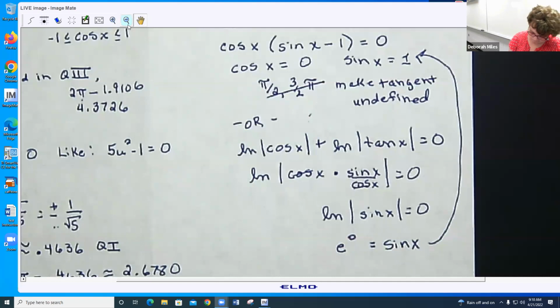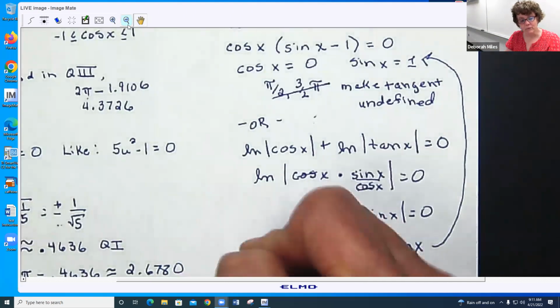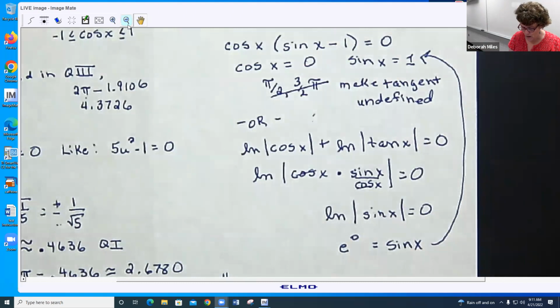Trying to think of, yeah, I think I better do 4 and 5. And then if we run out of time, because I know this is, I think, one of the hardest things we've done this semester. And if you disagree with me, yay, that just means you're good at solving trig equations.